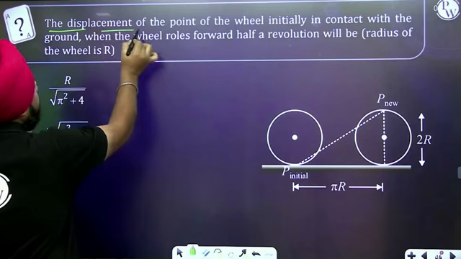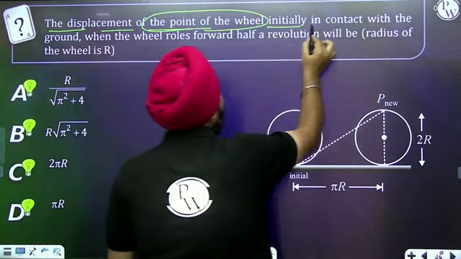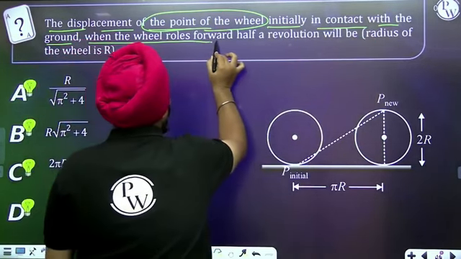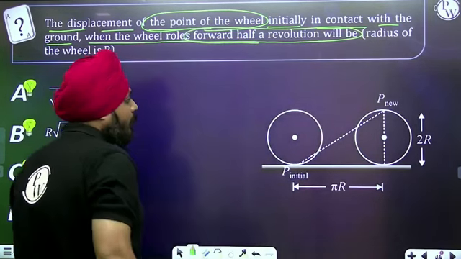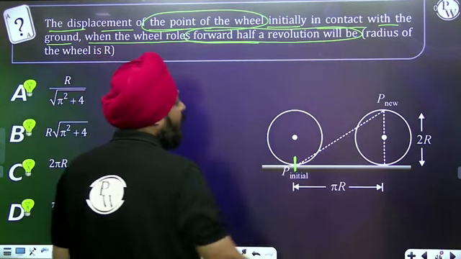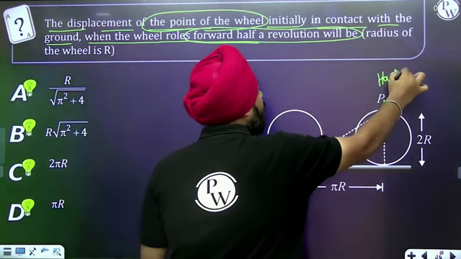The displacement of a point of a wheel initially in contact with the ground, when the wheel rolls forward half of the revolution, will be what? The point is at this position initially, finally after half rotation.